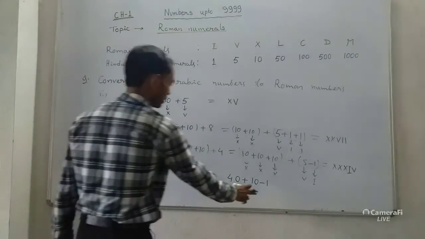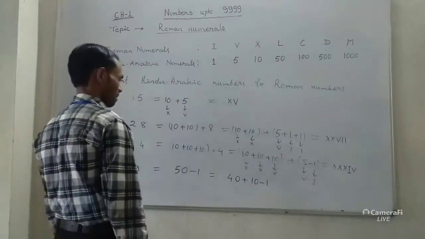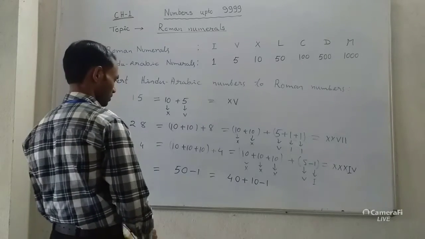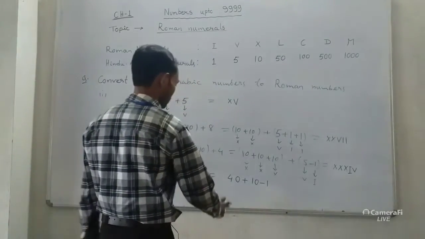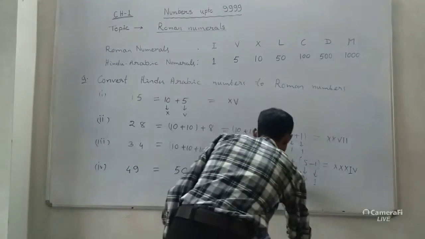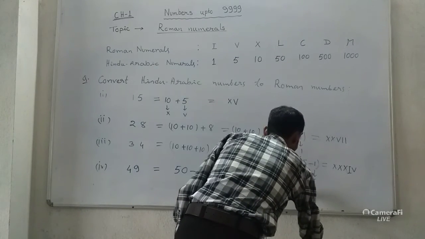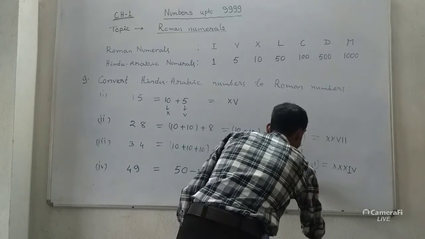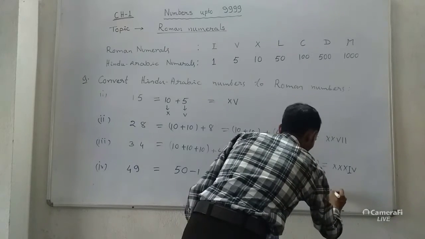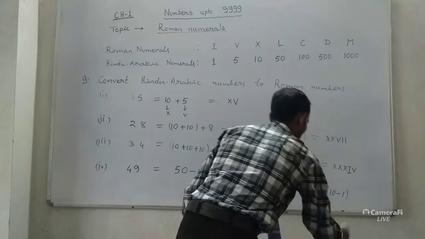Okay. So 1 can be subtracted from 10. Now again 40 can be expanded as 50 minus 10 and then plus 10 minus 1.